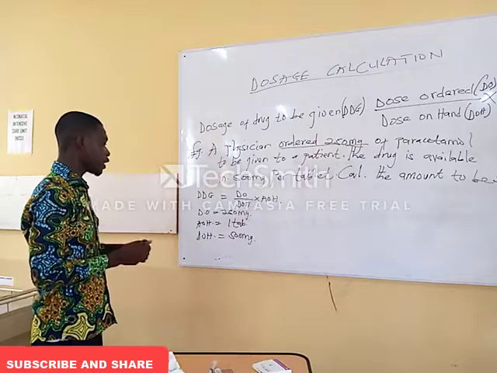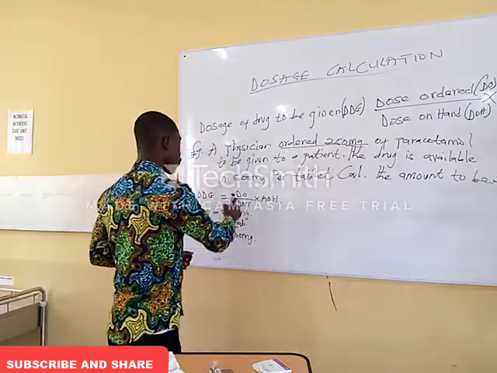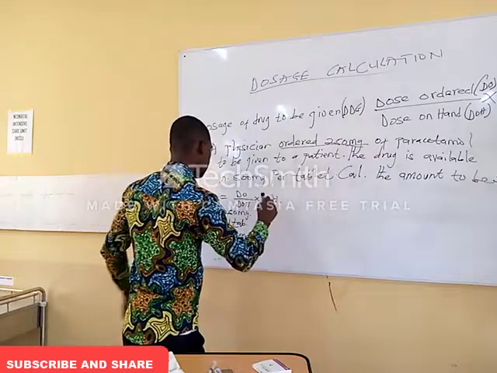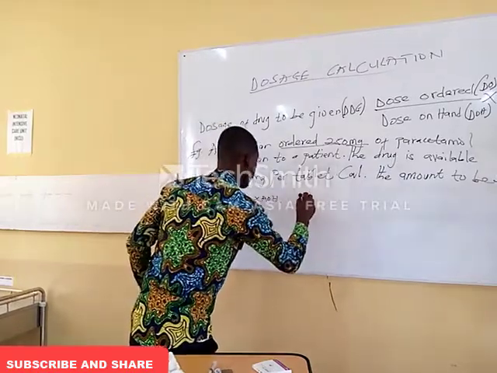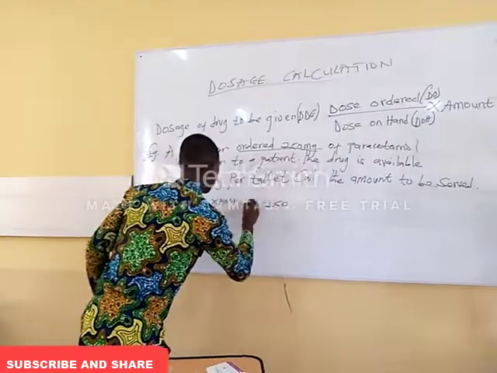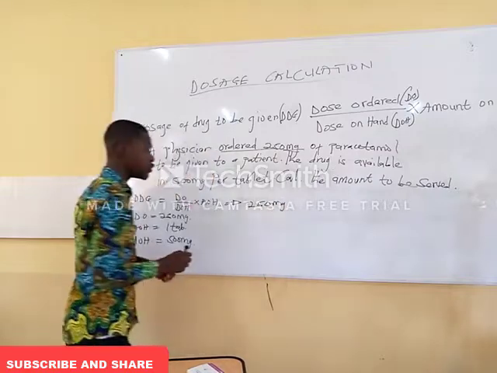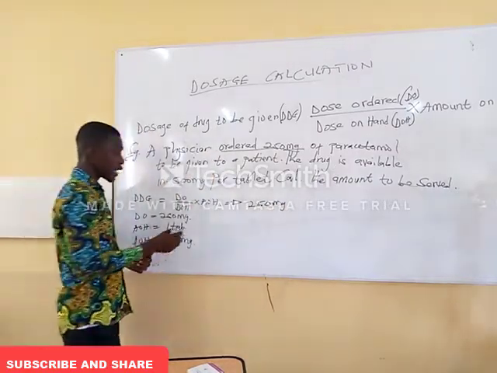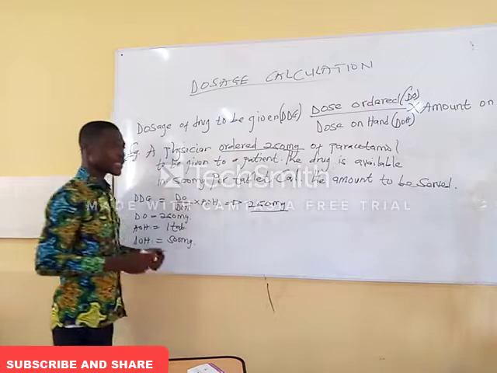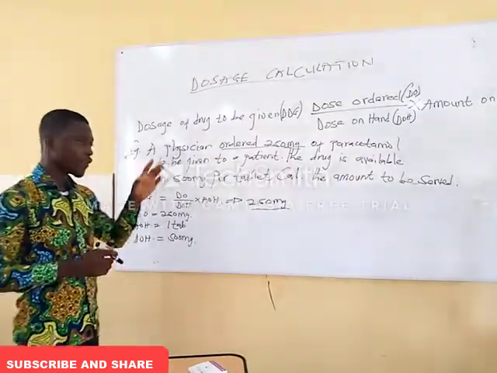So it becomes simple. You fuse it into the formula. So dose ordered is equal to 250 mg. Please don't forget about the units, because the units are going to cancel out. In case the units do not match, you are going to do a conversion.